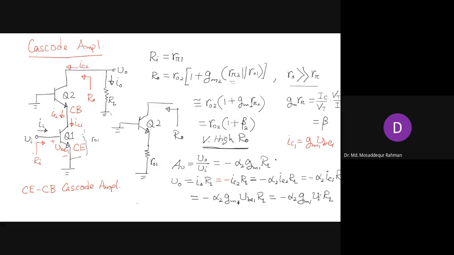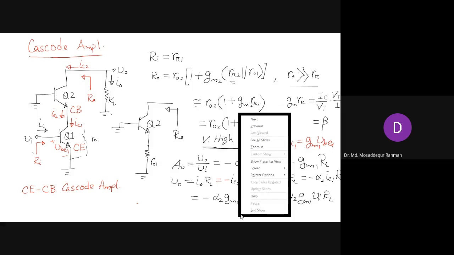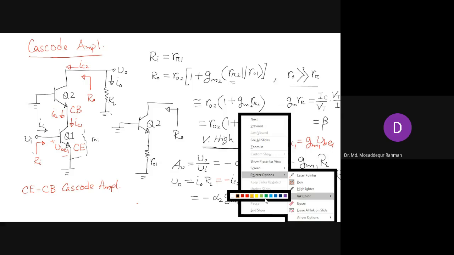And we can approximate alpha 2 as close to 1, so approximately minus GM1 RL. So that is our voltage gain.